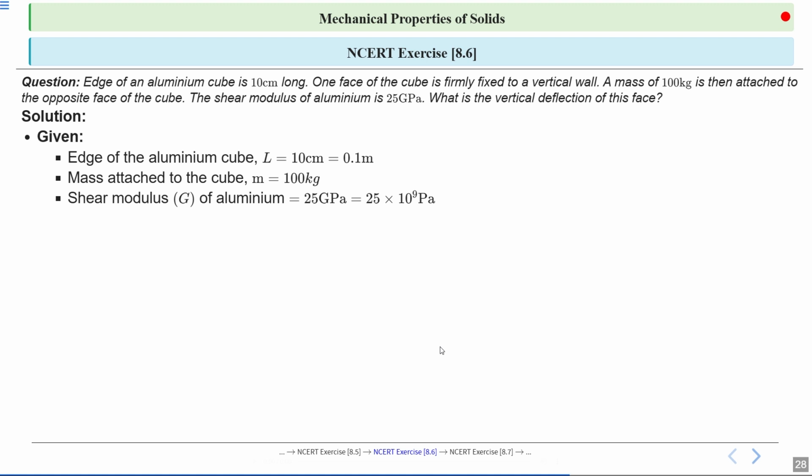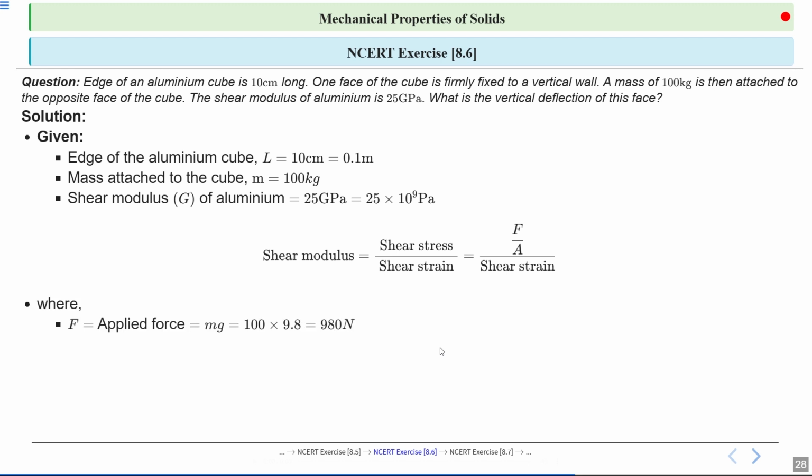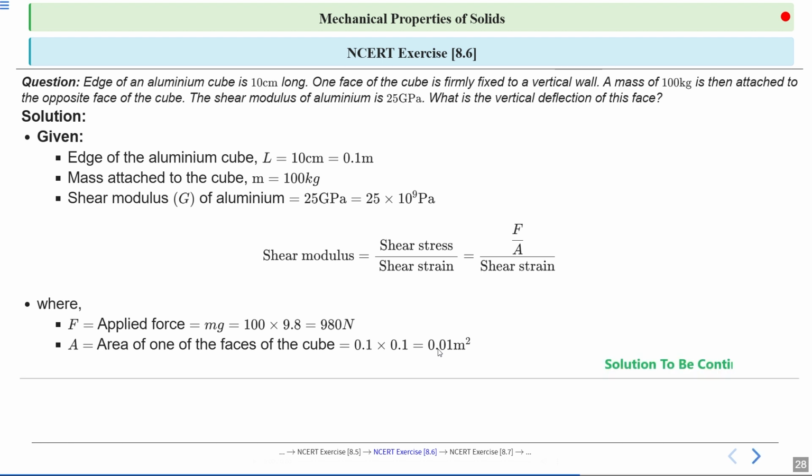Shear modulus of aluminium is 25 gigapascal, and we know the shear modulus is equal to shear stress divided by shear strain, or we can say F by A divided by shear strain, where F is applied force, which is equal to mg equal to 100 into 9.8, which is equal to 980 Newton. A is the area of one of the faces of the cube, which is equal to 0.1 into 0.1. So solving this, you will get 0.01 meter square.